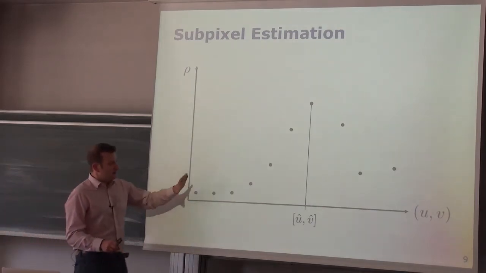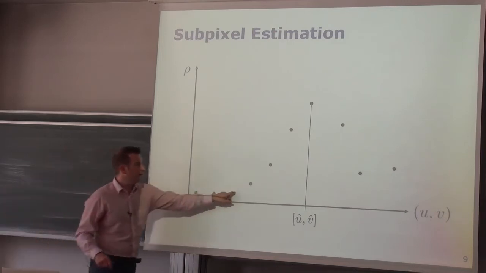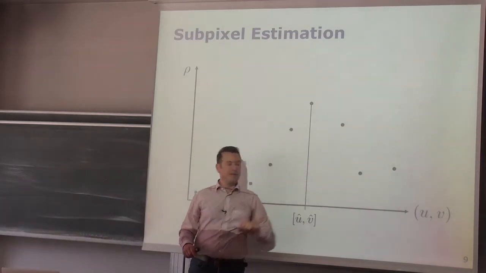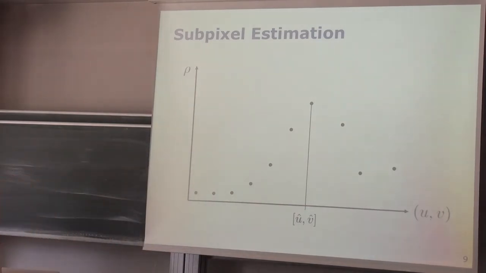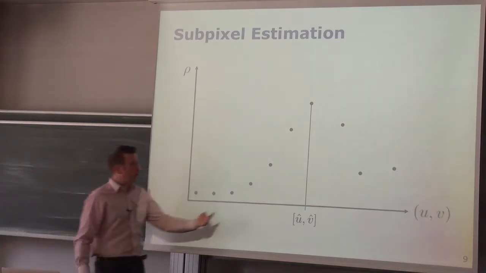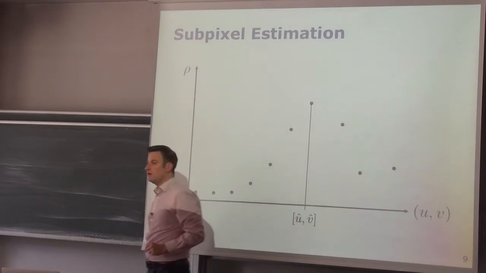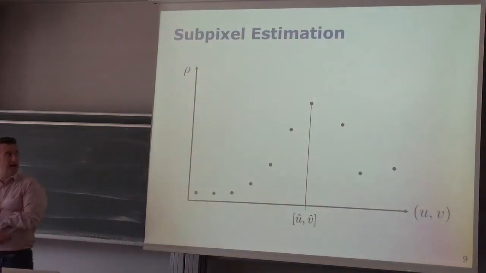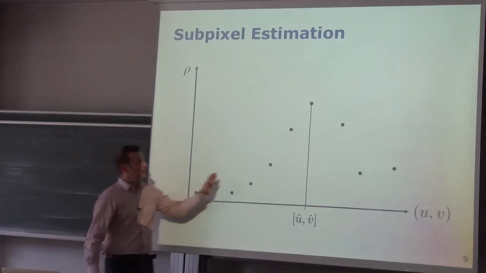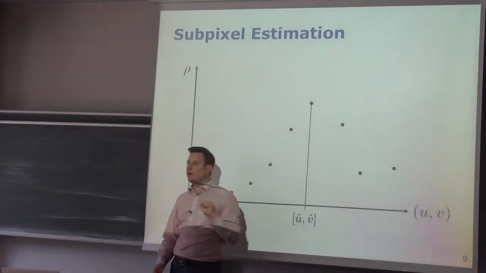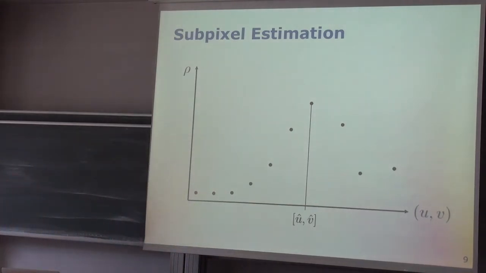Let's say this is illustrated in 1D, just one dimension, and these are the different values of my objective function rho. Maximizing the cross-correlation will simply report the highest peak. So we'll say, okay, this is the shift in x and y so that this function is maximized. What we can do now is take into account the points in the nearby area and simply fit a smooth function through them.